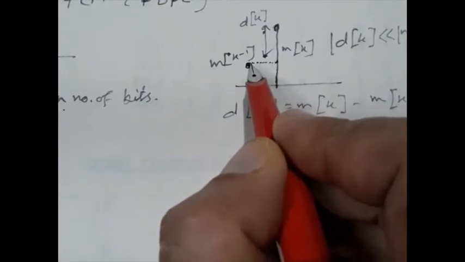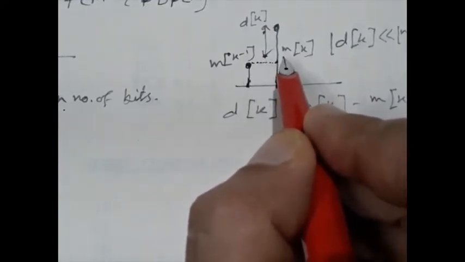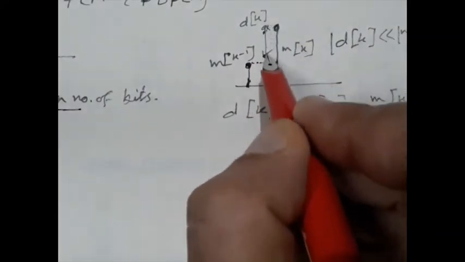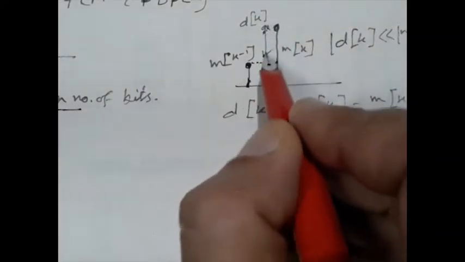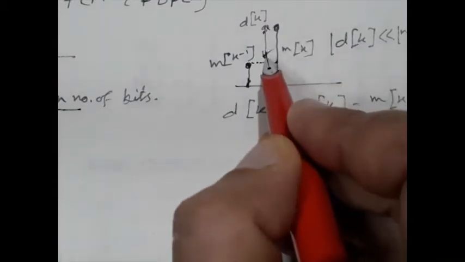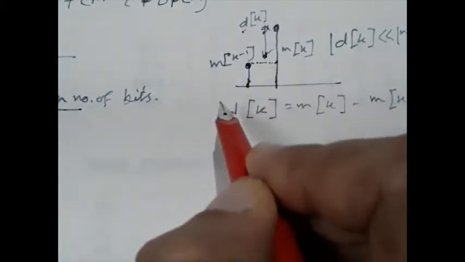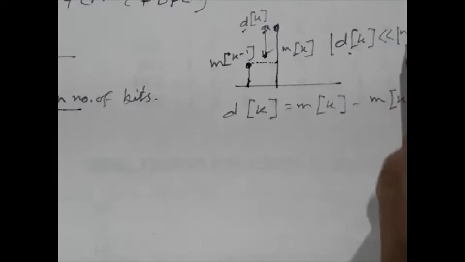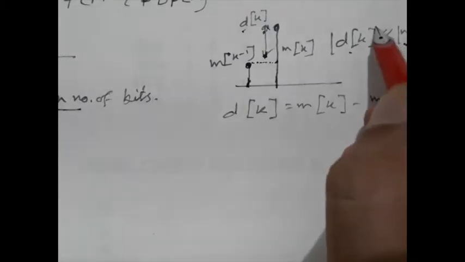So instead of transmitting the next sample with n number of bits, we will transmit the difference between these two samples with fewer bits. Or if we transmit this d with n number of bits, since d is much smaller than the absolute value of the actual sample, it is expected that the signal to noise ratio will be improved enormously.